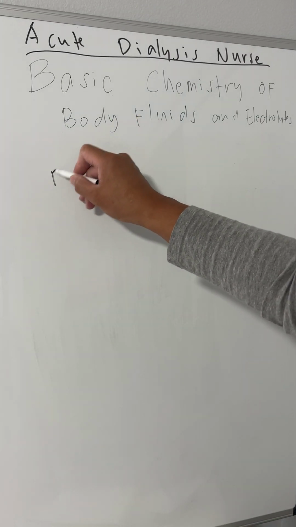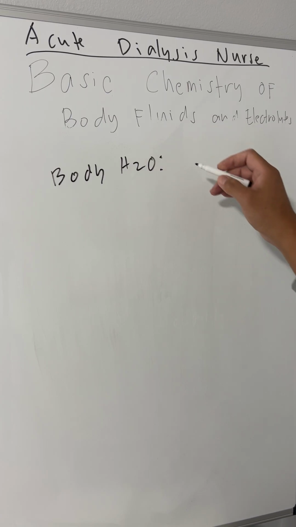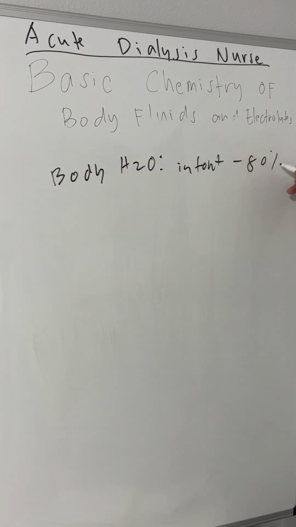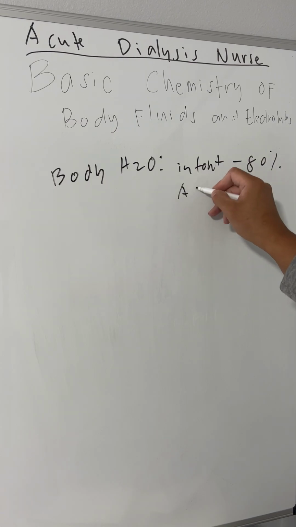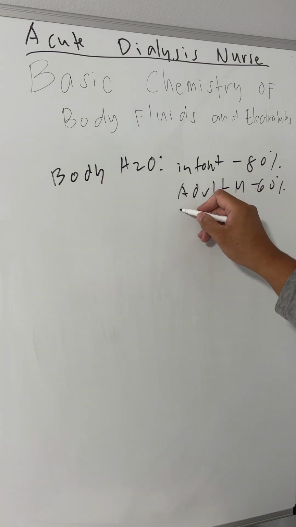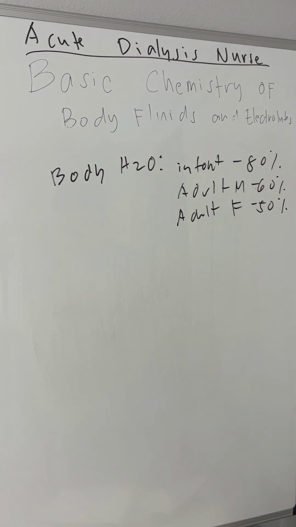Next is body water. For infants, they have 80% body water. Adult male, they have 60% body water. And then adult female, they have 50% body water.